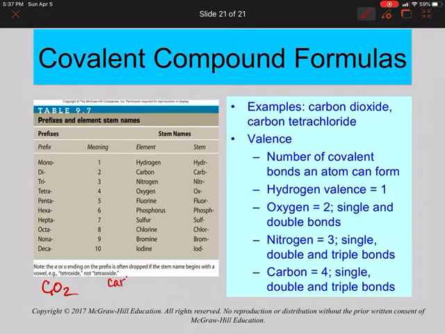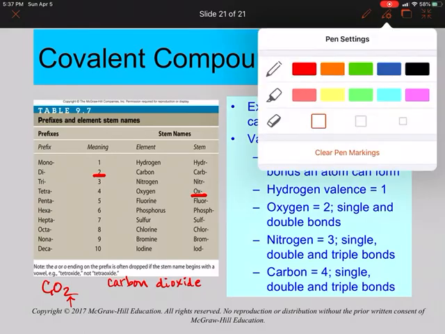So if there's just one of the element, then you just name it carbon. And then for this one, you have to look at how many there are. Well, there's two. So that means that you start it with di, and it's oxygen. So the stem name for oxygen is ox, and you end it in ide. So carbon dioxide. Does that make sense?